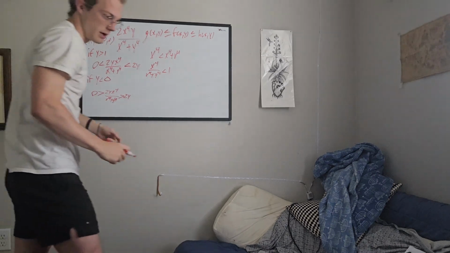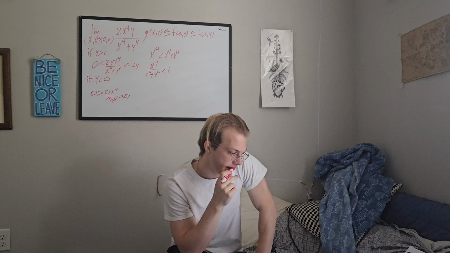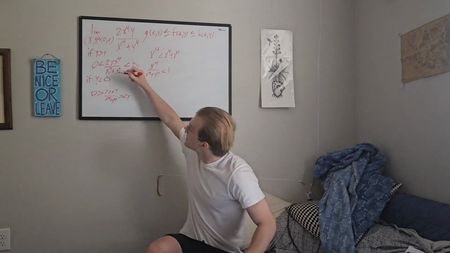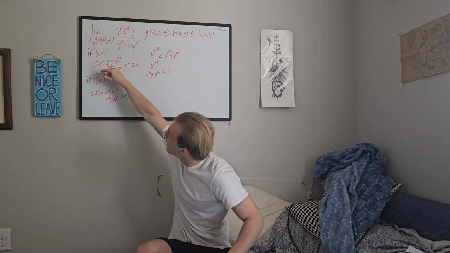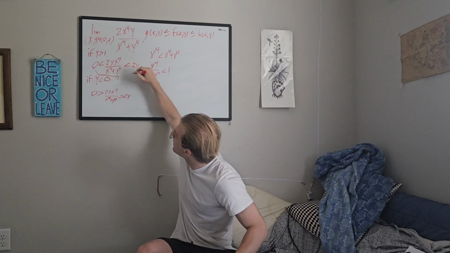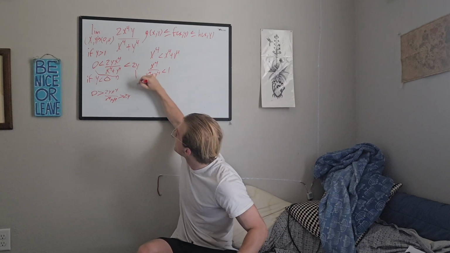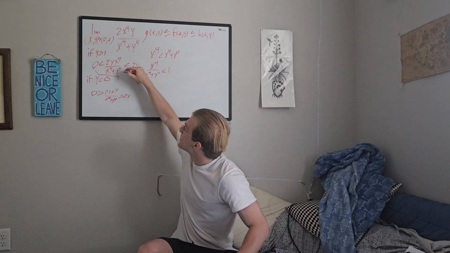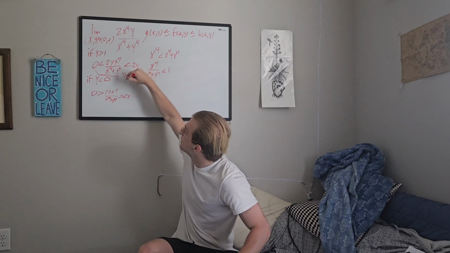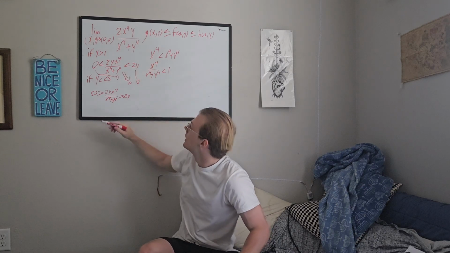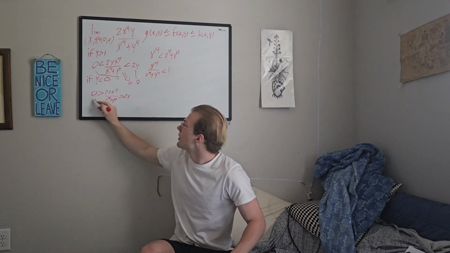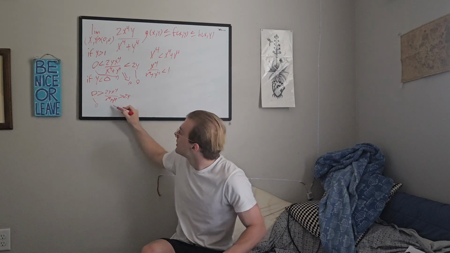It's greater than 2y. And then, as this is going to 0, it's 0. If this is going to 0, it's going to be 0. So this must be 0. And then this, as it's going to 0, is 0.